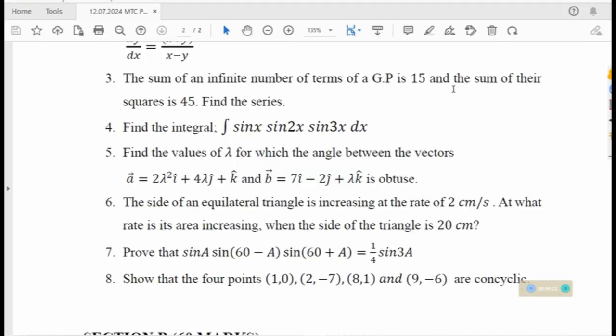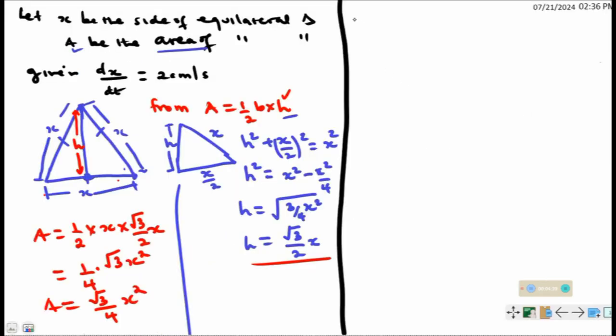We come back to the question. The question requires us to find the rate at which its area is increasing. So in other words, we need to get dA/dt, the rate at which the area is increasing, and this by the chain rule can be related to the rate at which the area is increasing with respect to the sides, times dx/dt. Since we already have dx/dt, our main interest now will be to find dA/dx. Now we already have the area.